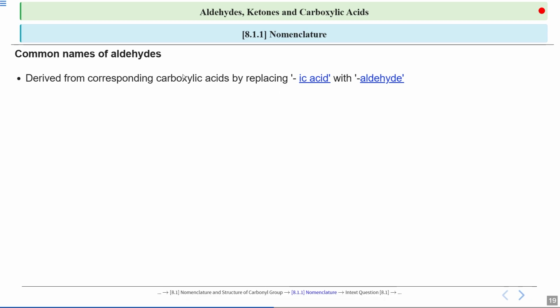When you oxidize an aldehyde, you get a carboxylic acid, and there is a similarity in their names. So you replace the IC acid from the corresponding carboxylic acid with aldehyde. Let us see the example, it will be more clear.